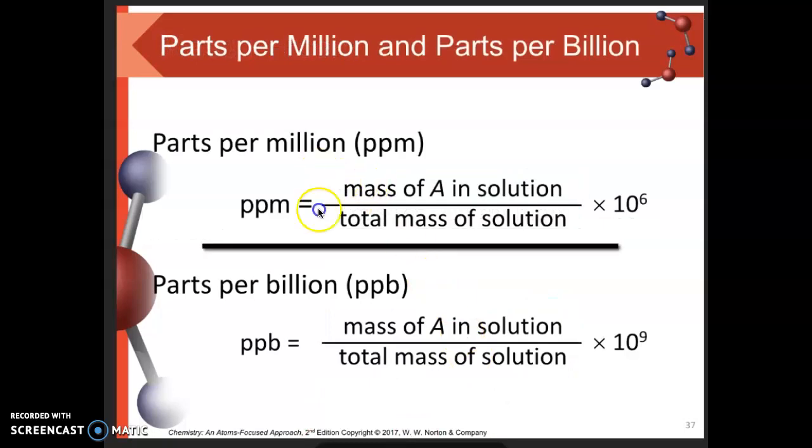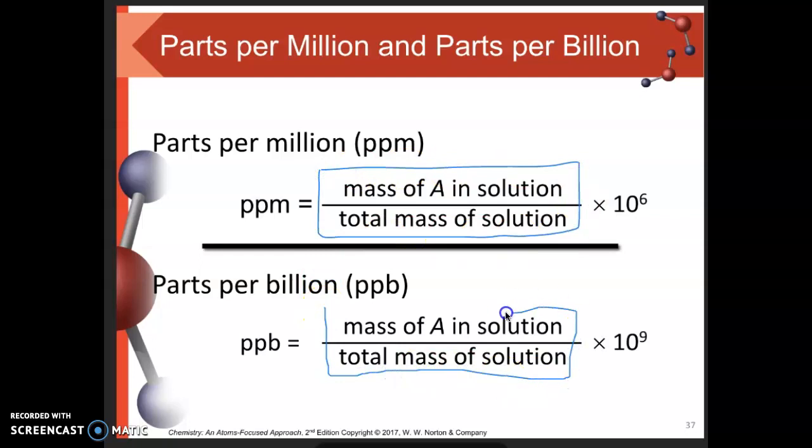This mass ratio is the same for both. What's different is the multiplier. In percent, we multiply by 100. In parts per million, we multiply by 10 to the sixth, otherwise known as 1 million. And in parts per billion, we multiply by 10 to the ninth, which, you guessed it, is 1 billion.